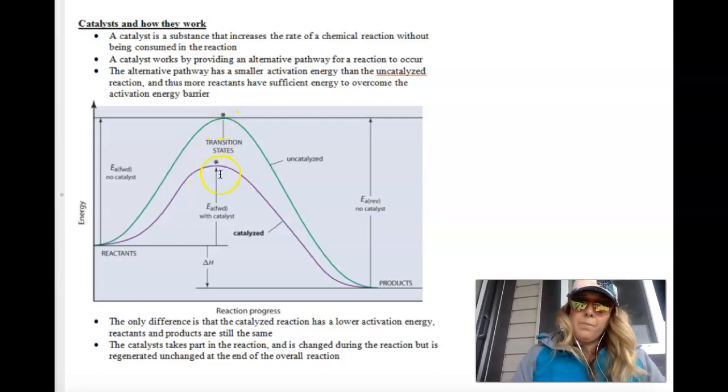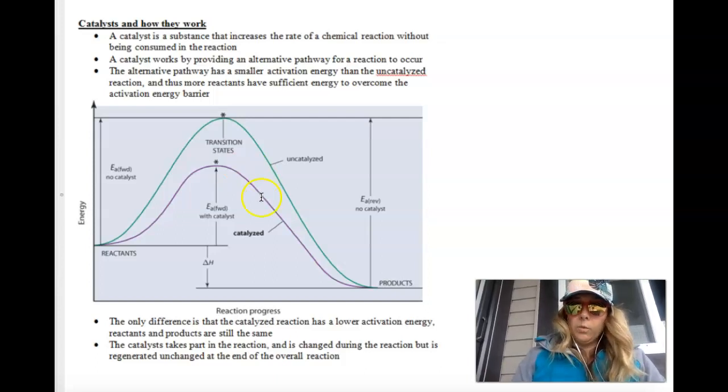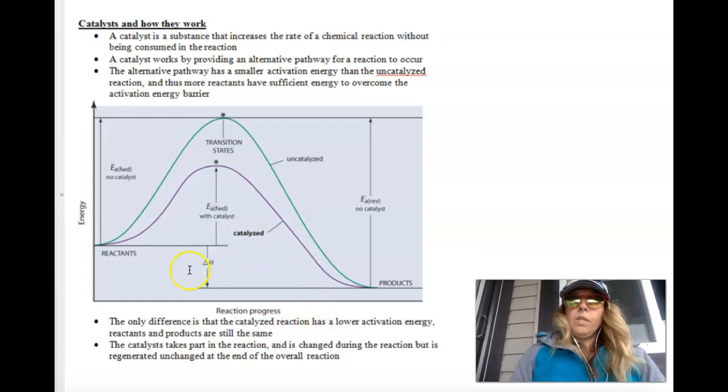By lowering the barrier, it makes it easier for those reactants to have the minimum amount of energy, because now that's not the minimum anymore. There's a new minimum, which is lower. So same final outcome as temperature, but a different way of doing it.